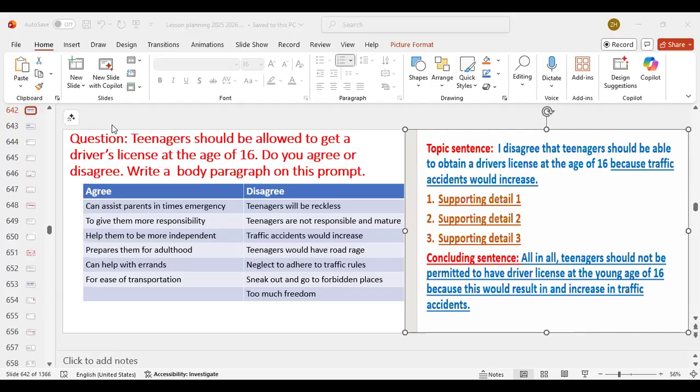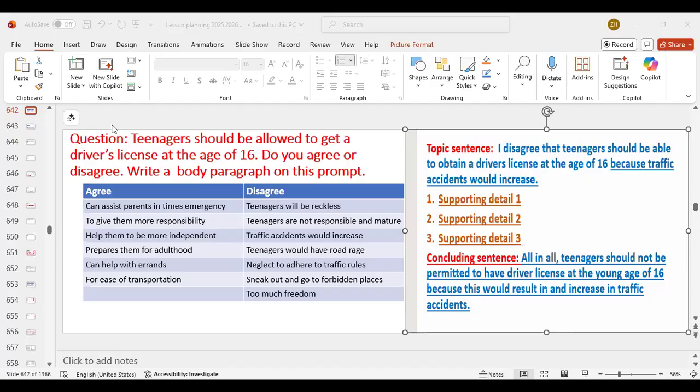Teenagers may be too distracted or not responsible enough to drive at 16, which leads to more traffic accidents.